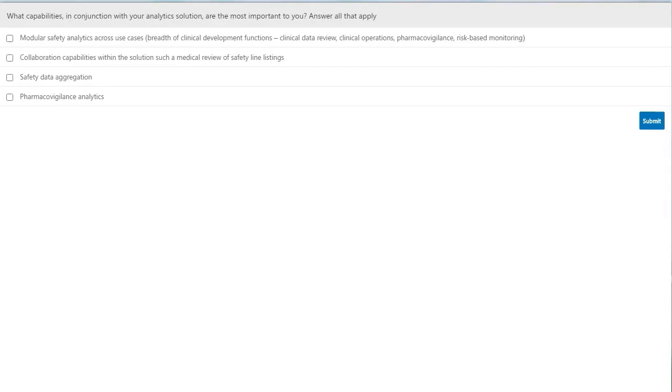Yeah, thanks, Leslie. Keeping in line with what we saw in the first 2 polls, I think it'll end up around the data aggregation. What we see out with a lot of our partners is this continued explosion or growth in the number of data sources, just because of the need to specialize in what data needs to be collected for specific studies or therapeutic areas, or to answer regulatory questions.